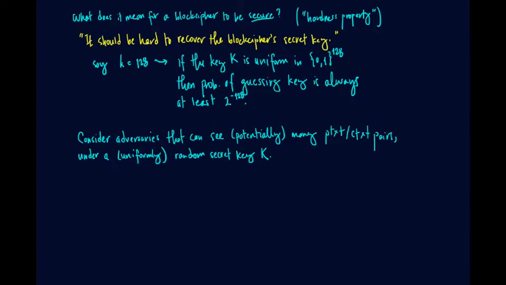So we've got a uniform string of k bits acting as the key for the block cipher, and the adversary is going to be able to see potentially many plaintext-ciphertext pairs. And we've said that the goal is that the adversary is trying to recover the key. This is the attack scenario, the attack model.